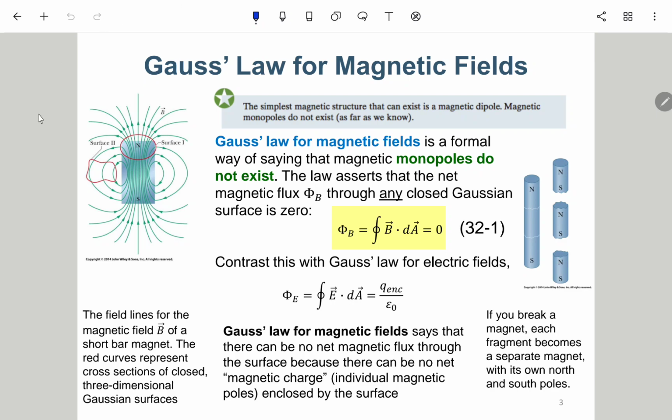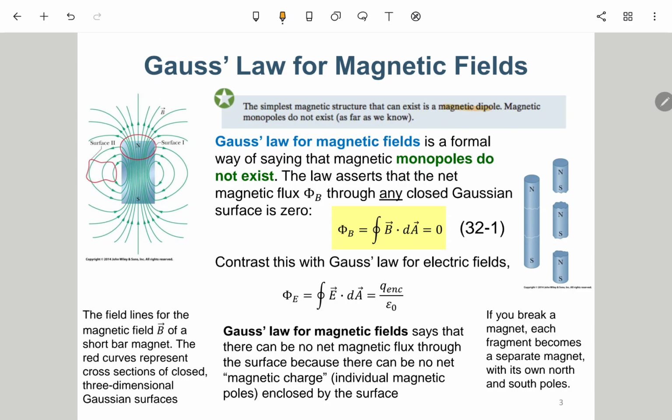Here is the highlight. It says the simplest magnetic structure that can exist is a magnetic dipole. Magnetic monopoles do not exist. Actually, in previous chapters we already mentioned this several times. We don't have a magnetic monopole, so we only have a magnetic dipole.